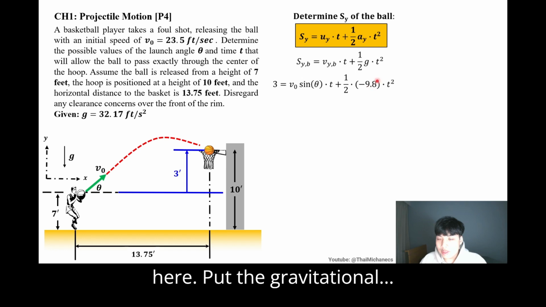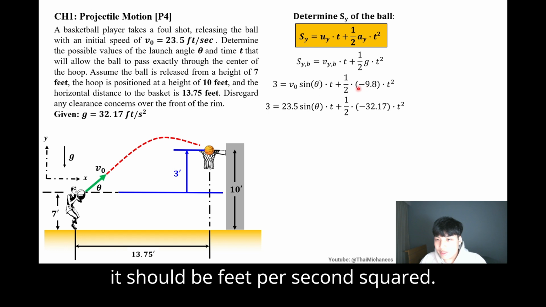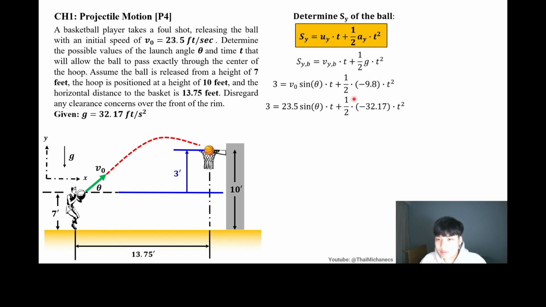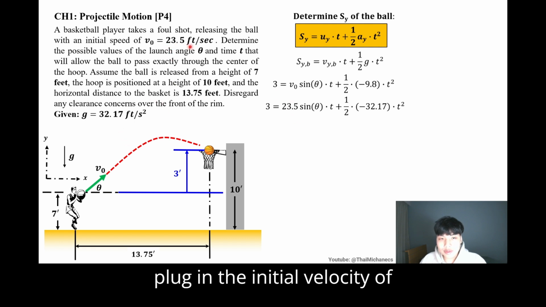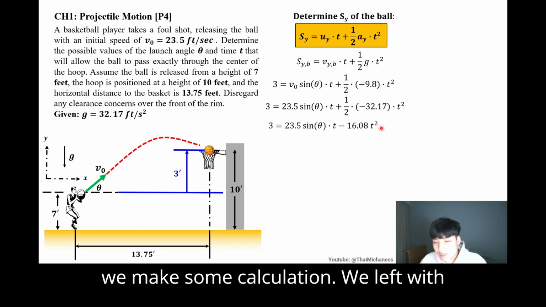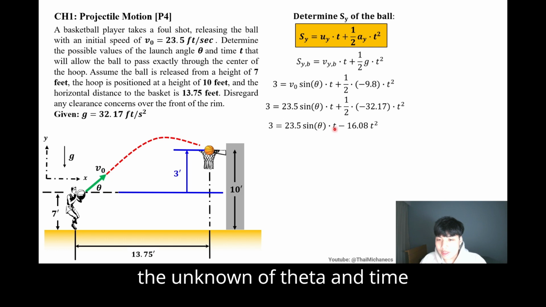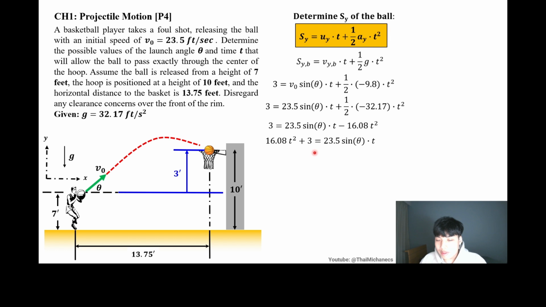For gravity, the unit should be feet per second squared, so we use 32.17 feet per second squared, and then we plug in the initial velocity of 23.5 here. Then we make some calculation and are left with the unknowns theta and time together. To make it more easily noticed, we call this equation 1.